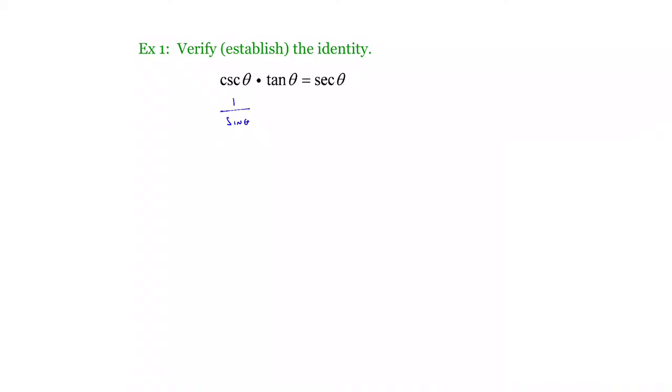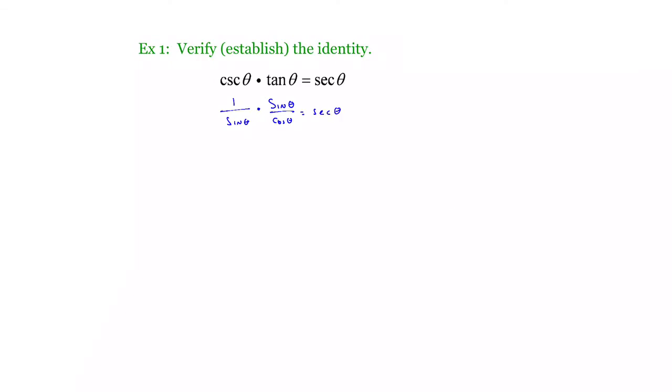That's the reciprocal identity. Times tangent of theta could be 1 over cotangent, which would be the reciprocal, but we're trying to get to secant. So let's change tangent using the quotient property to sine of theta over cosine of theta. And we're trying to establish that this is going to equal secant of theta.